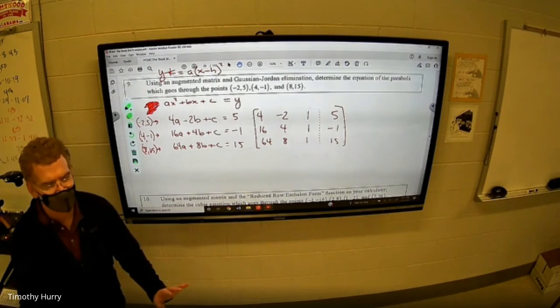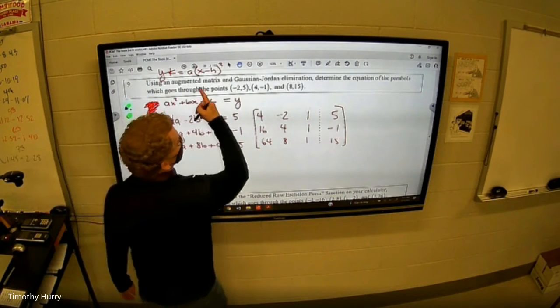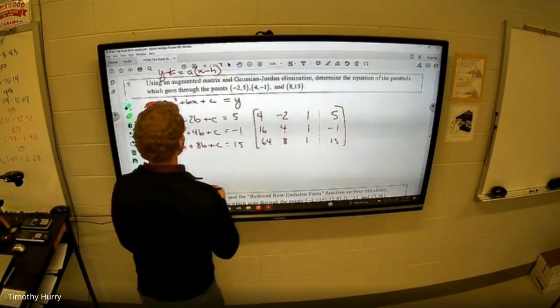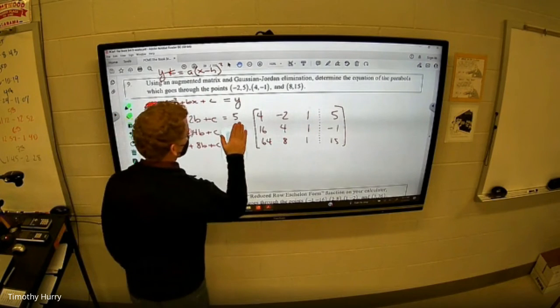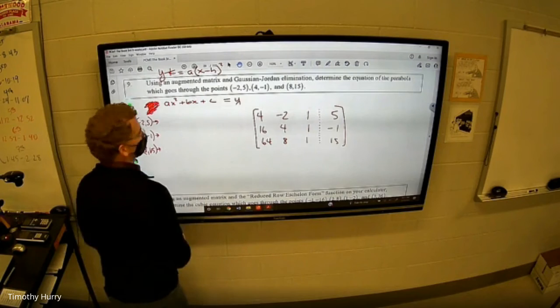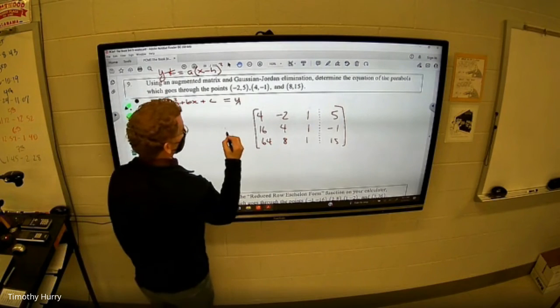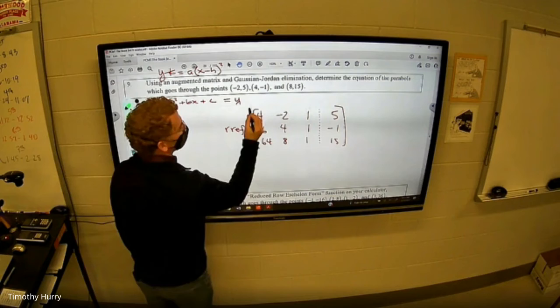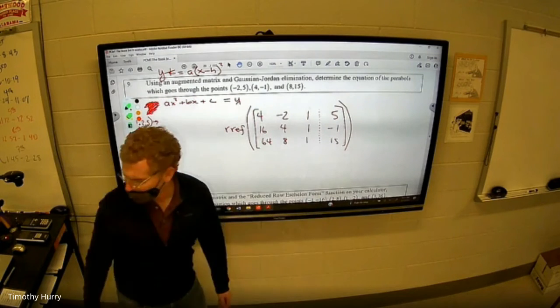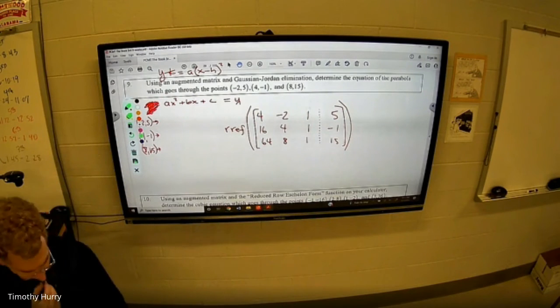Now, on my test, I will probably say, using Gaussian-Jordan elimination. With a calculator, what's a nice way to use Gaussian-Jordan elimination? Reduced row echelon form. So what we're going to do is probably do that. So we take out our calculator.